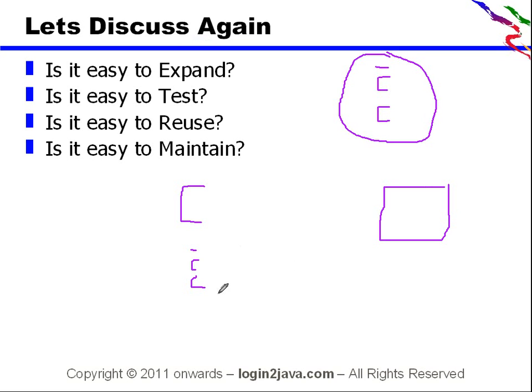Now, is it easy to expand? I think now it's very understandable that it can be very easily expandable without changing these code lines. You can have a separate class within your package.